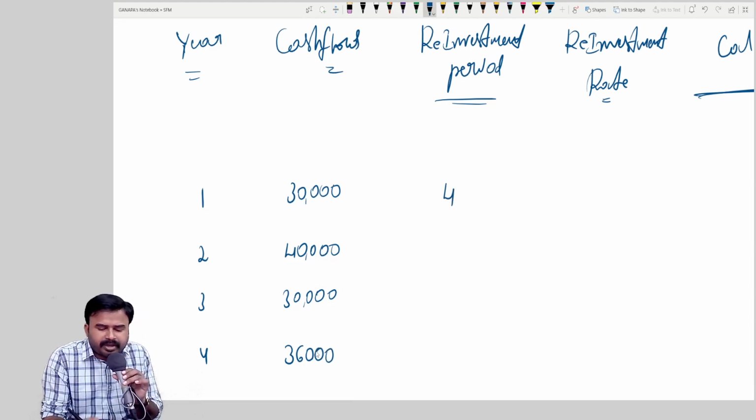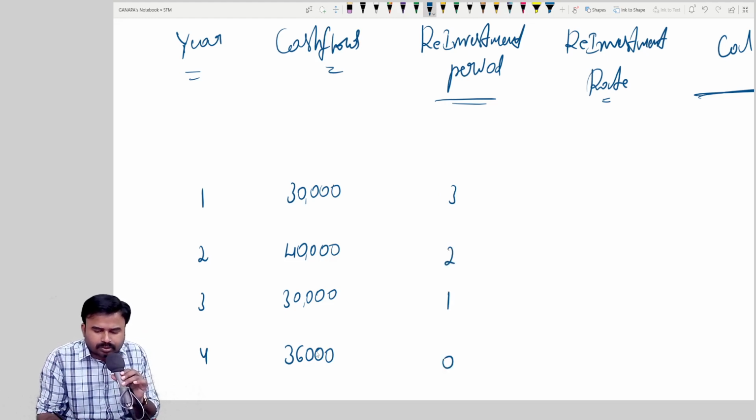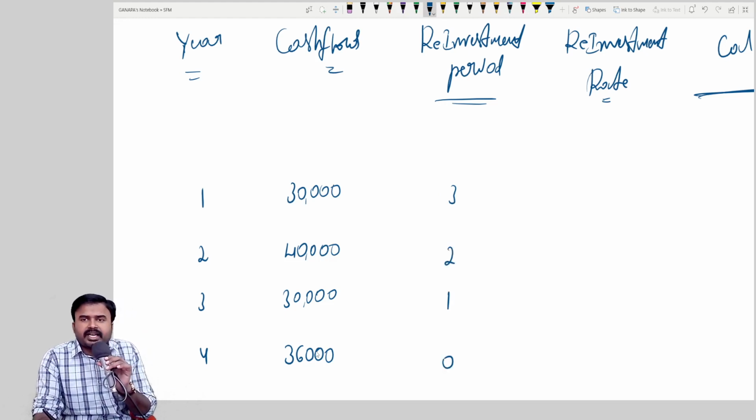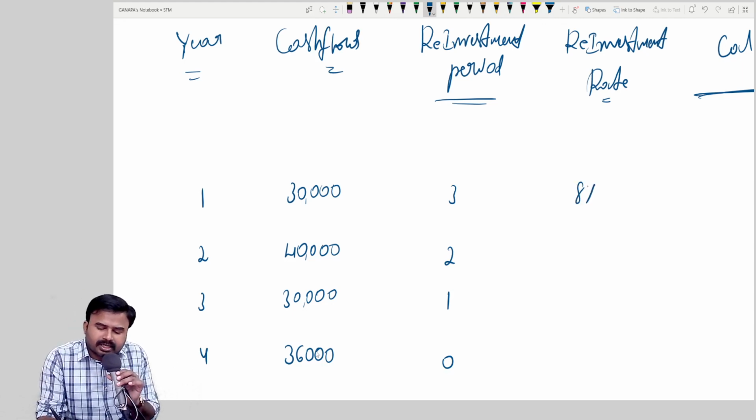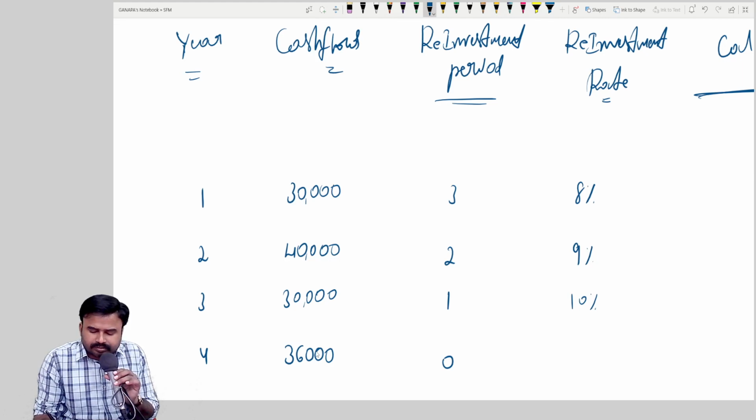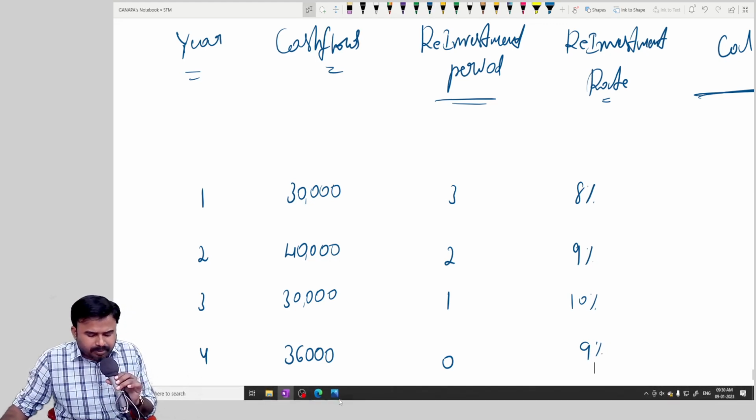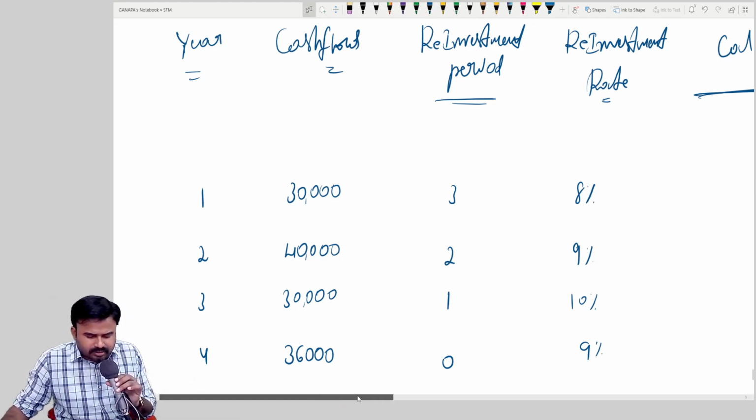First year ending inflow can be reinvested for 3 years, and this is 2, 1, 0. Reinvestment rate for first year ending inflow 8%. Automatically the power 0 becomes 1, right?